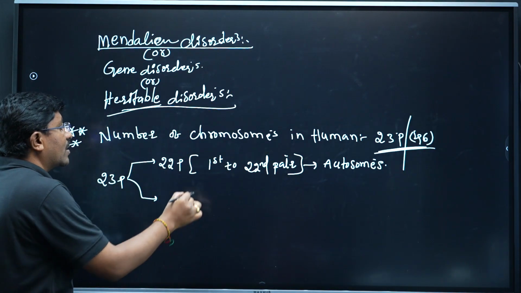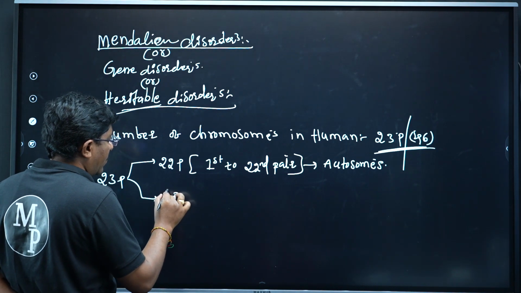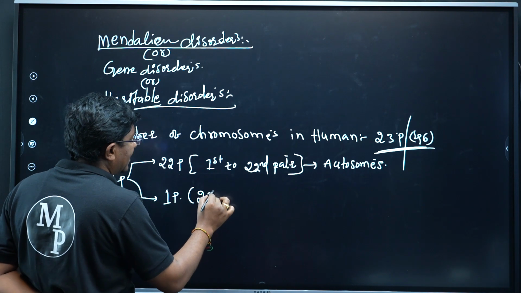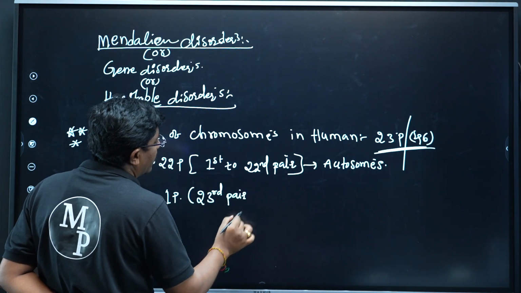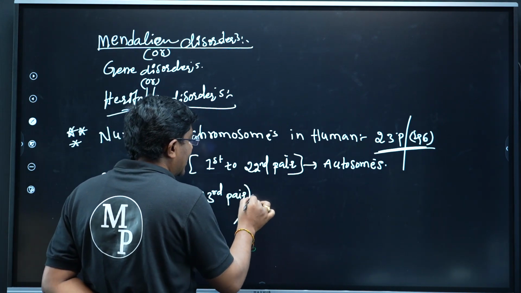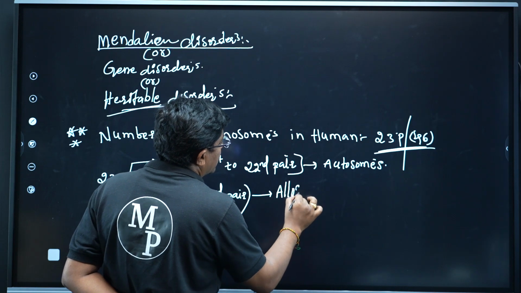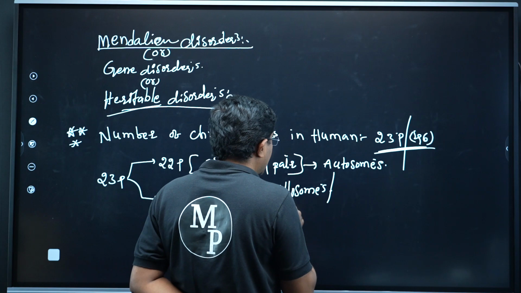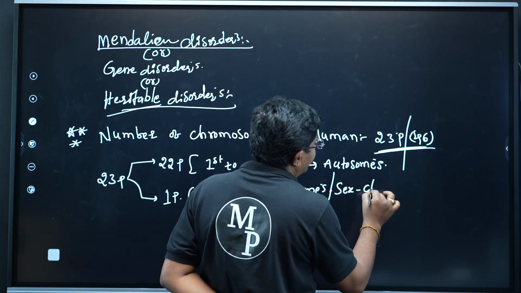And one pair of chromosomes is the 23rd pair. These 23rd pair of chromosomes are called allosomes, and these allosomes are also called sex chromosomes.